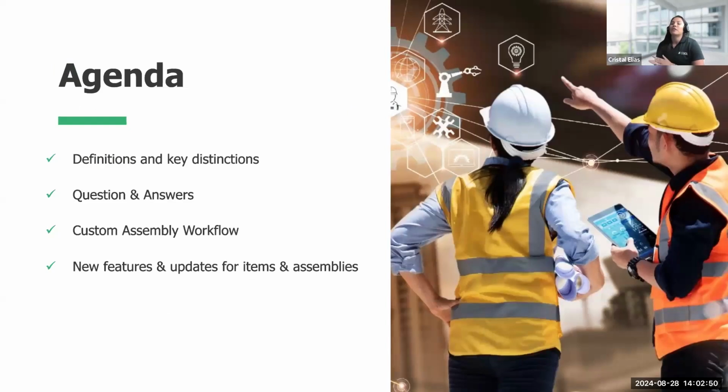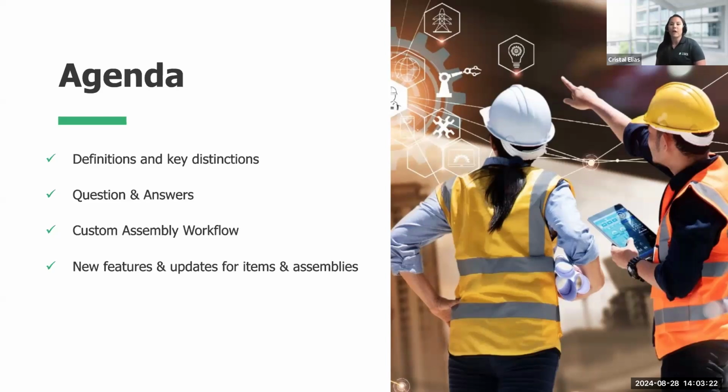The agenda for today. I do want to review what are items and assemblies. And then I want to jump into answering your questions. The team and I have prepared a nice little cheat sheet or PDF document that will help you put together and troubleshoot how to put an assembly together.